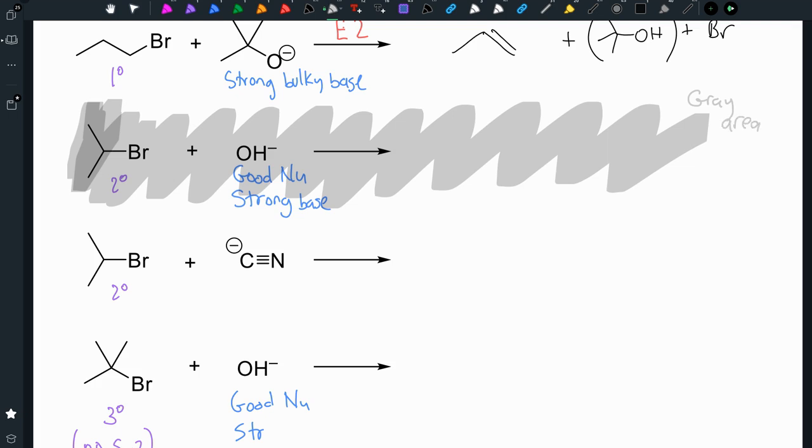But what I want you to think about when you see this is, okay, E2 is usually going to win out. So I'm going to get mostly E2 with some SN2 mixed. It might be 60-40, it might be 70-30. I'll get mostly E2 and I'll get some SN2.